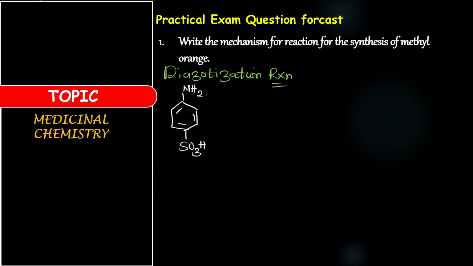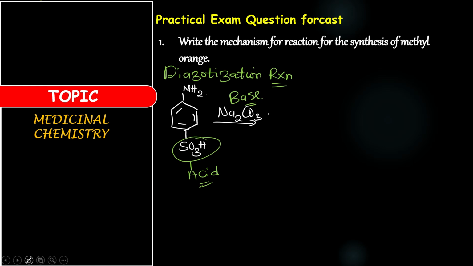Now, when this sulfanilic acid undergoes an acid-base reaction with sodium carbonate, sodium carbonate is a base. This functional group here is an acid. So there could be an acid-base reaction where this hydrogen will be given off by the acid and the sodium will attach itself. So this is going to give us a product which will be like this.